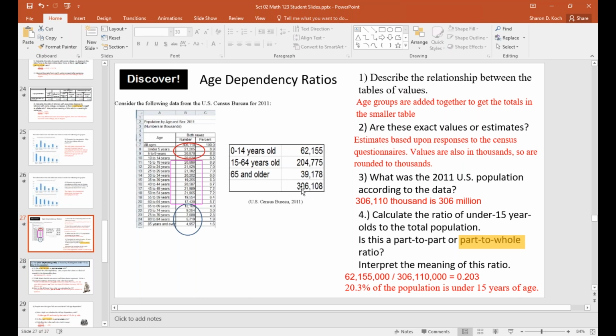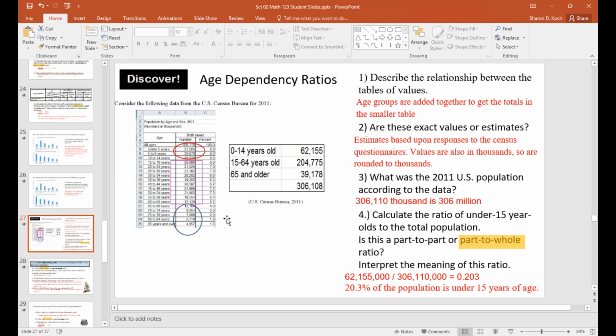If I added all these up, the total population of all the ages, we have more than 306,000 people in the United States. But if I add 3 more zeros, 306 million, yeah, that makes a lot more sense. So be careful with these when you run into things with your homework. Okay, watch out for that.